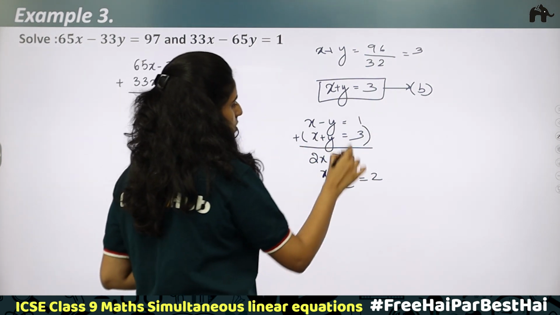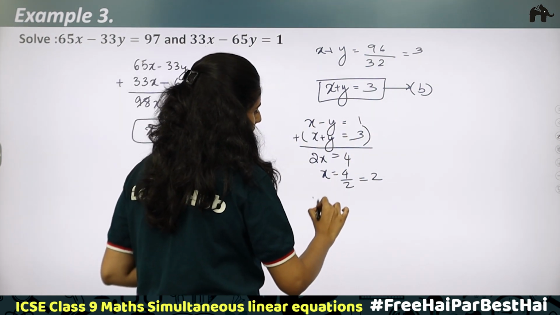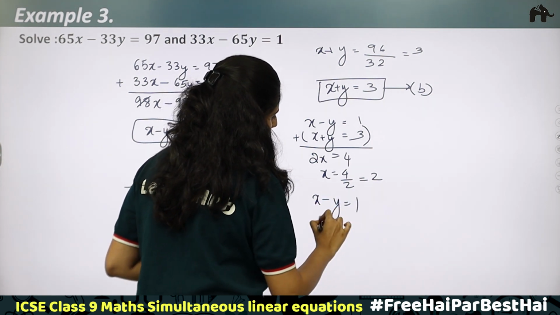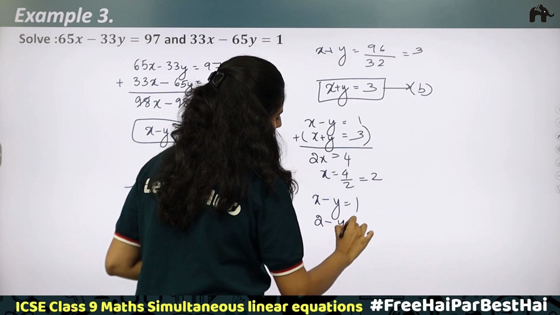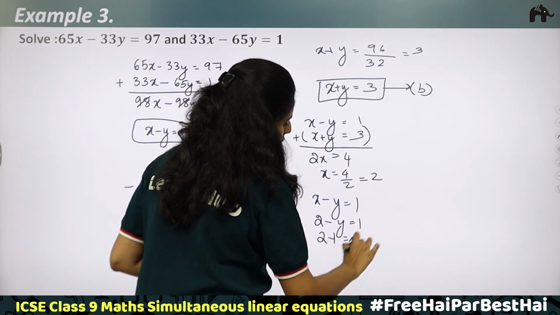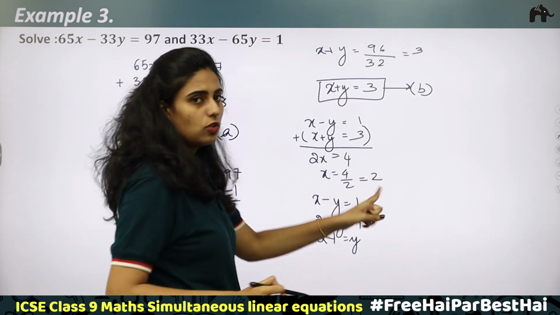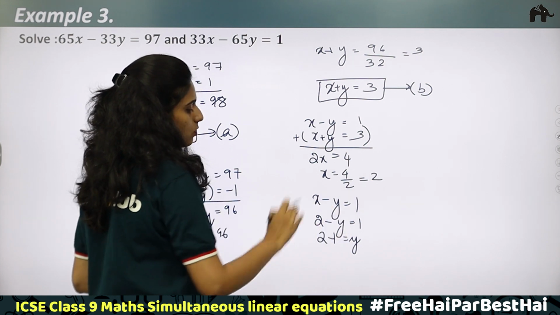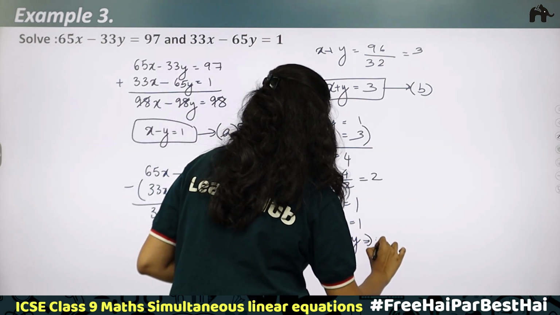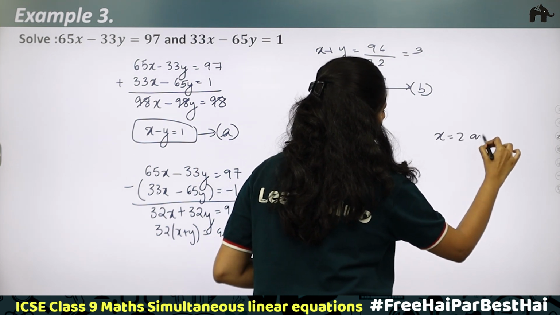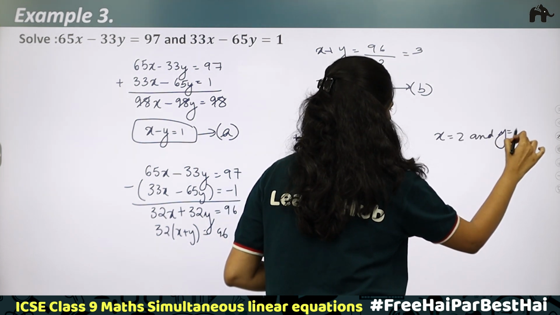To find y, substituting in the equation A, x minus y is equal to 1, 2 minus y is equal to 1, 2 minus 1 is equal to y. I am taking this minus y to the opposite side, 1 to the left hand side. So, 2 minus 1 is equal to y, which implies y is equal to 1. So, we got x is equal to 2 and y is equal to 1.